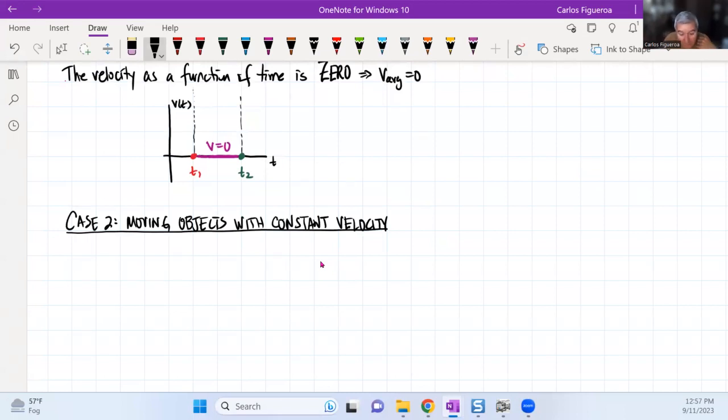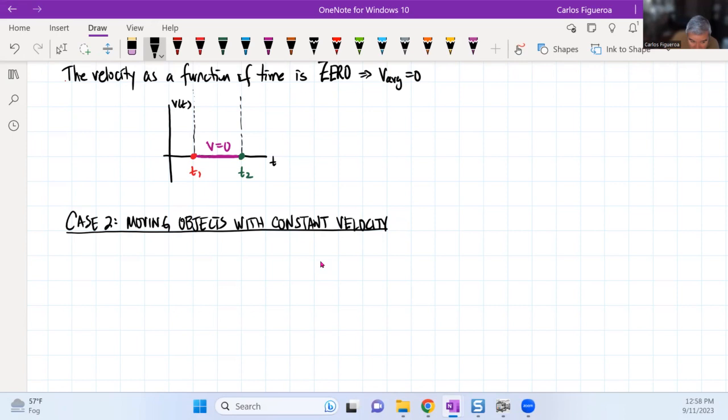So again, what do I mean by constant velocity? Constant velocity means I'm moving in the same direction and my speed does not change as a function of time.